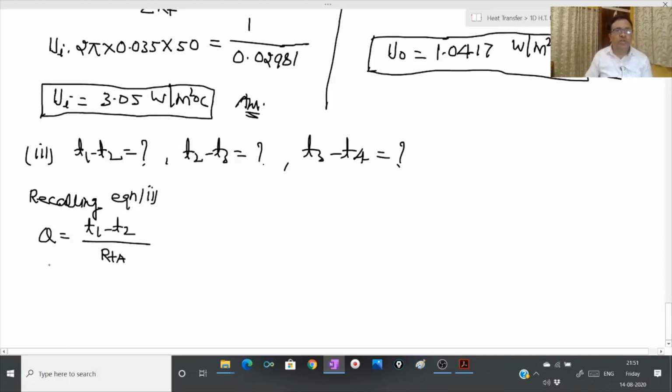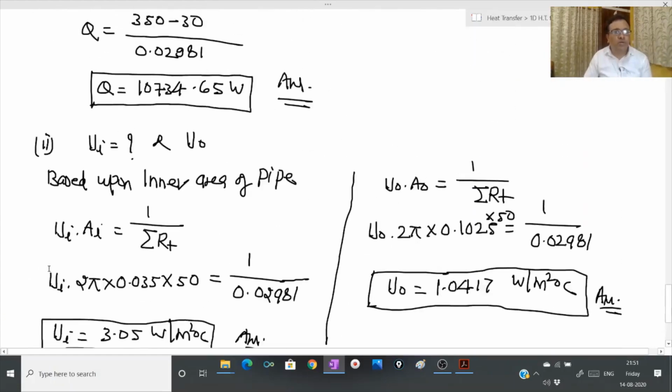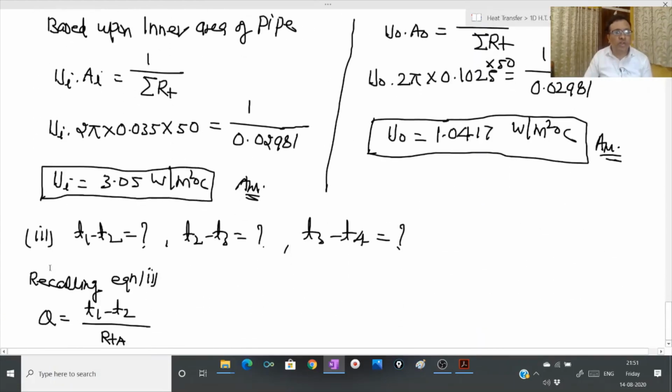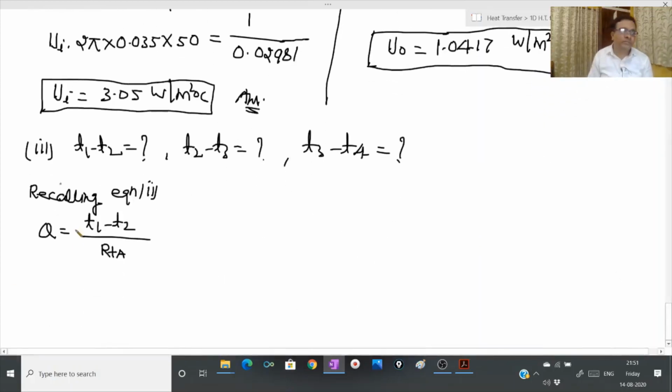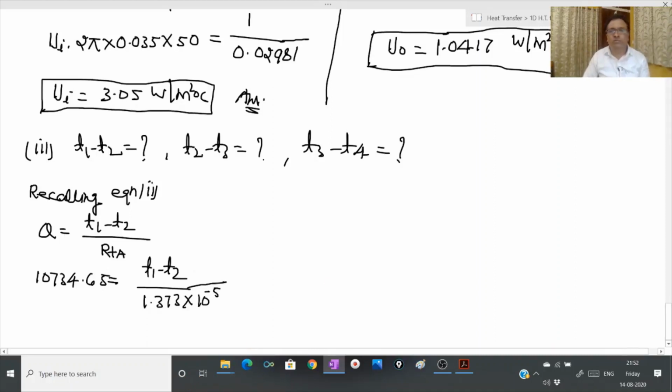The value of Q is 10734.65. 10734.65 is equal to T1 minus T2 over the value of RTA, which is 1.373 into 10 to power minus 5.